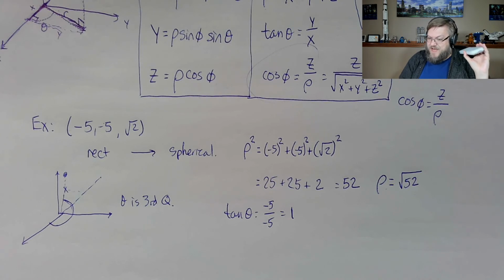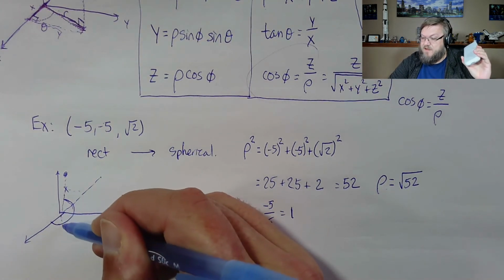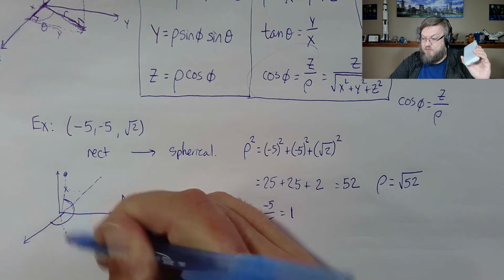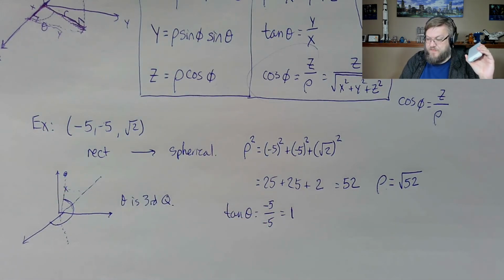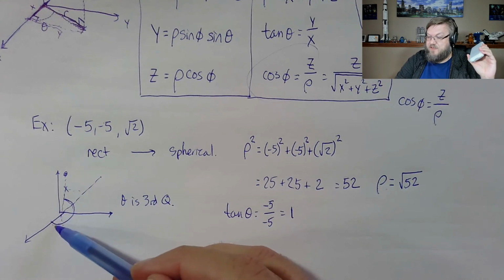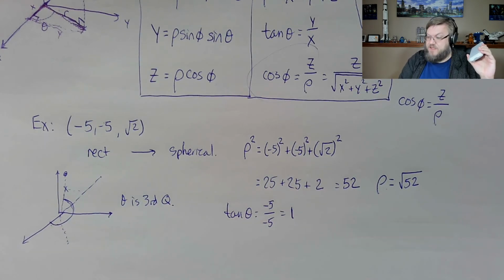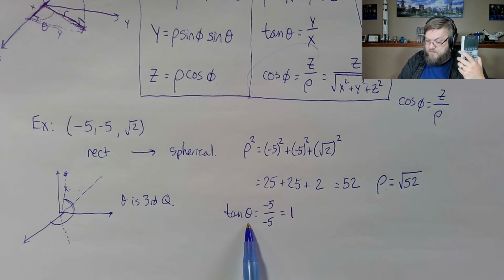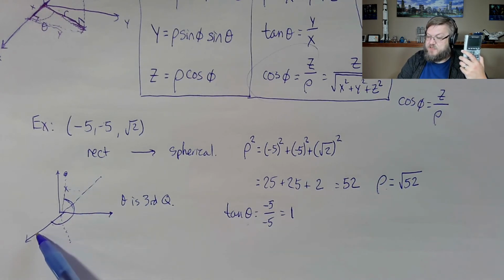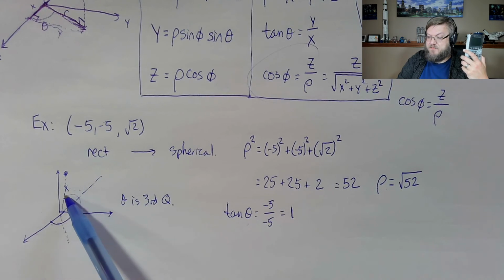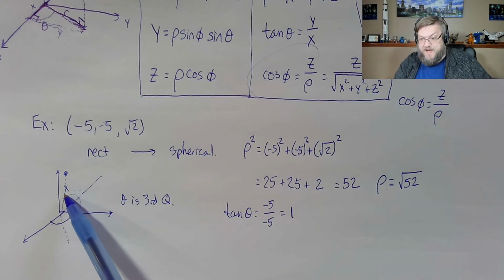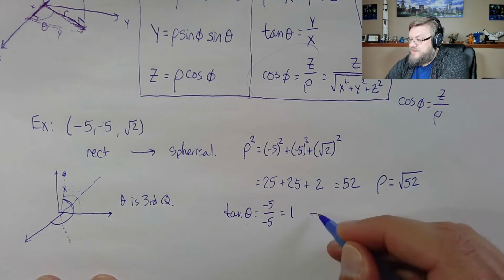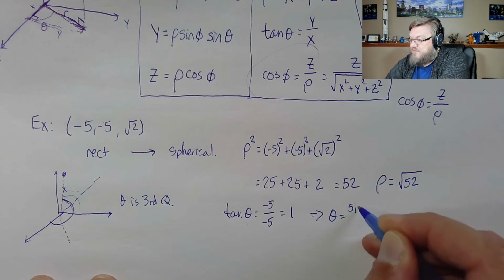My theta better not be pi over 4, because that's looking in the wrong direction. I better take the third quadrant angle. So I can use my calculator to get the reference angle of pi over 4, and then adjust accordingly. This should be pi plus pi over 4, so that's 5 pi over 4. So that tells me that theta has to be 5 pi over 4.